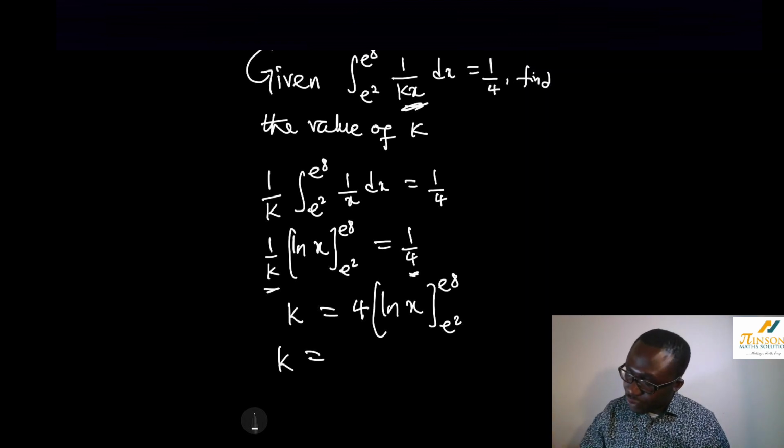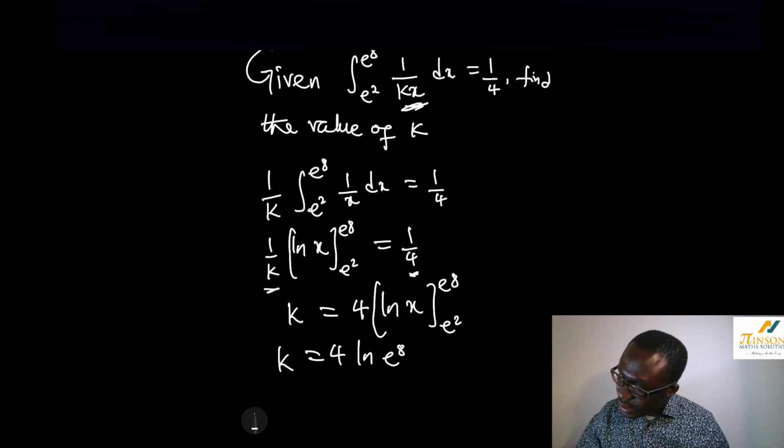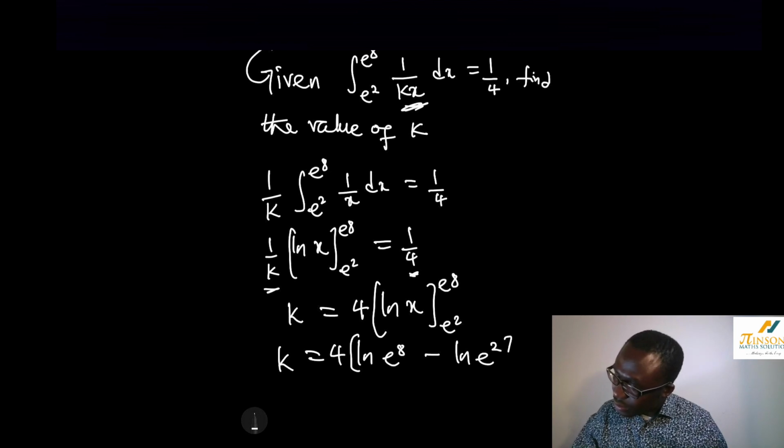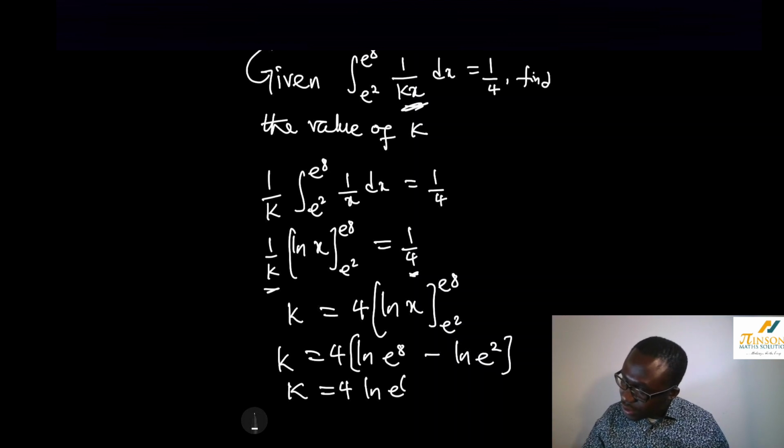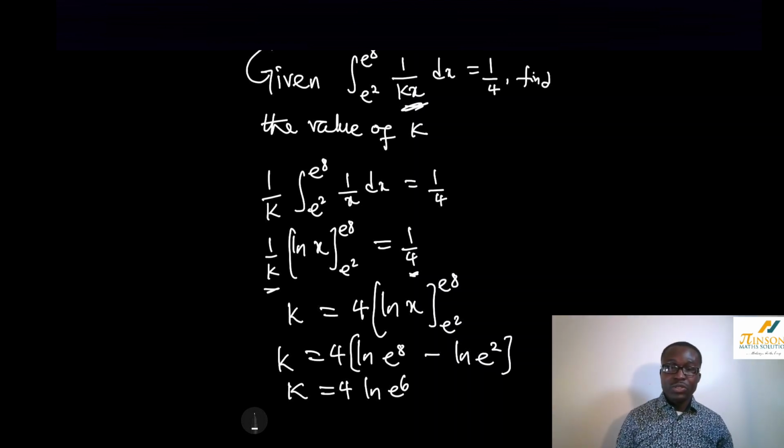So k will be 4 natural log of e to the 8, and then take away the natural log of e squared. Okay, I know that by the laws of logarithms I can divide. So that gives me k equals 4 natural log of e to the 6, because e to the 8 divided by e to the 2 is e to the 6.